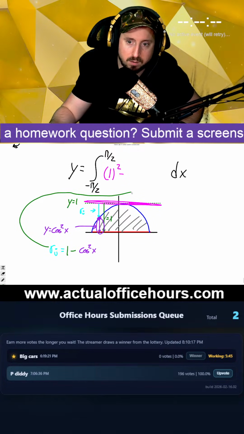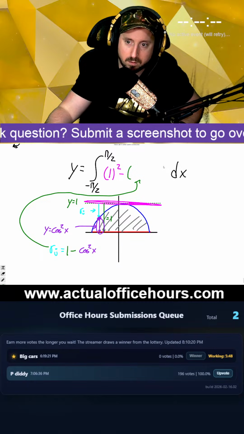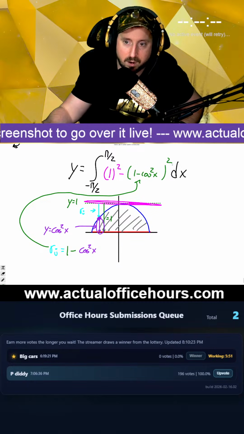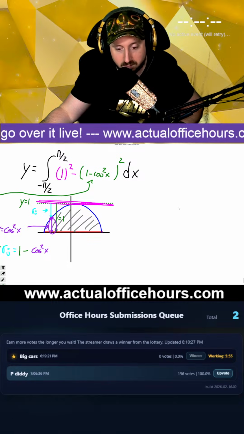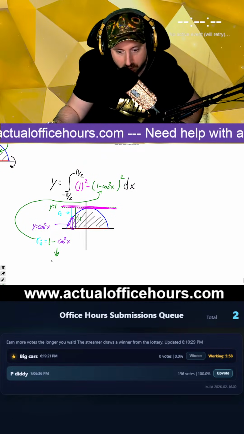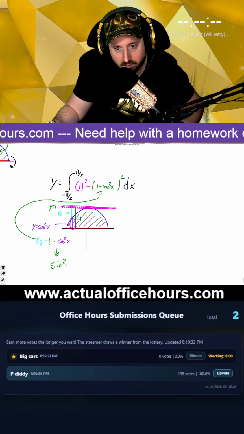And then that can go into here. So this would be 1 minus cosine squared x squared. And then this is actually kind of fun, because when you do this integral, 1 minus cosine squared of x is the same thing as sine squared of x.